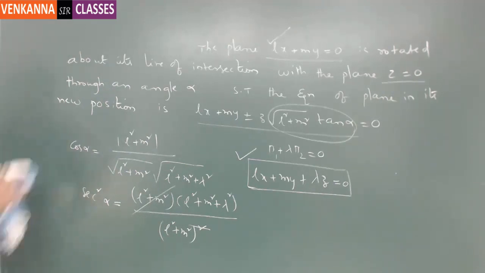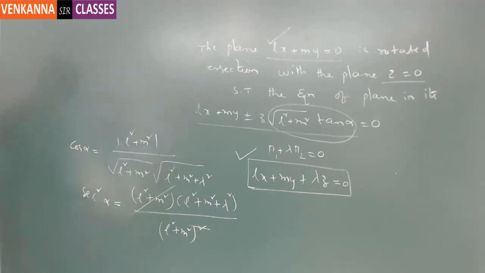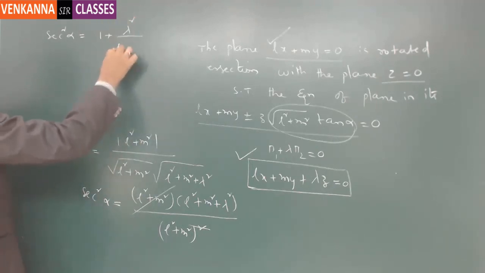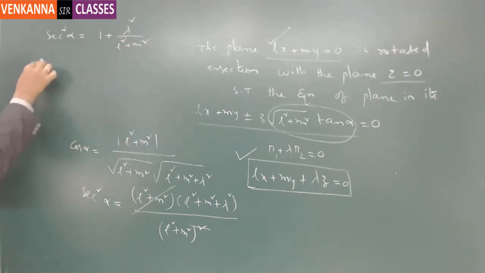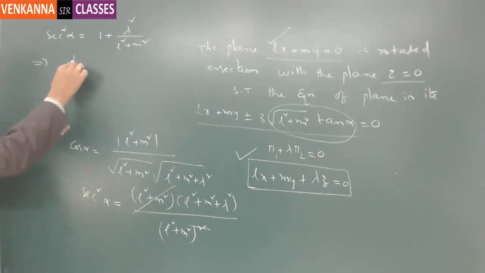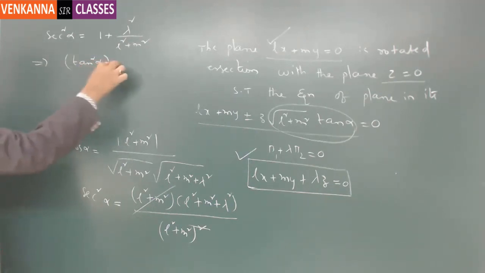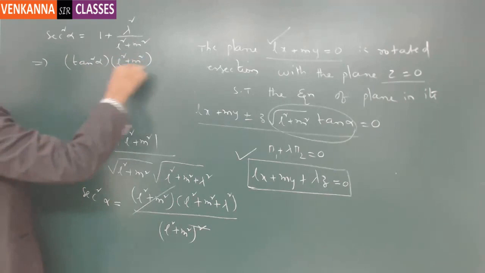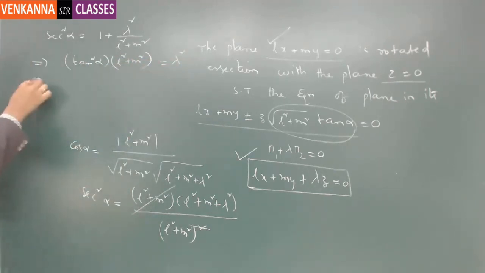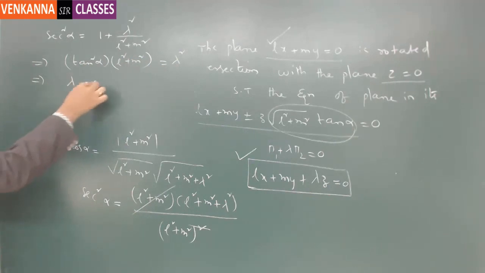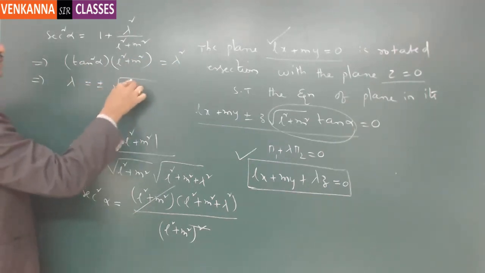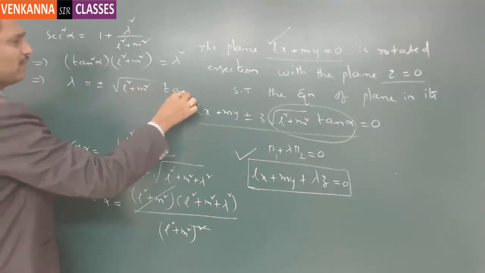If you separate the values, you have secant square alpha is equal to 1 plus lambda square by L square plus m square, which implies secant square alpha minus 1 is nothing but tan square alpha. So tan square alpha into L square plus m square is equal to lambda square, which implies taking square root on both sides, lambda is equal to plus or minus square root of L square plus m square into tan alpha.